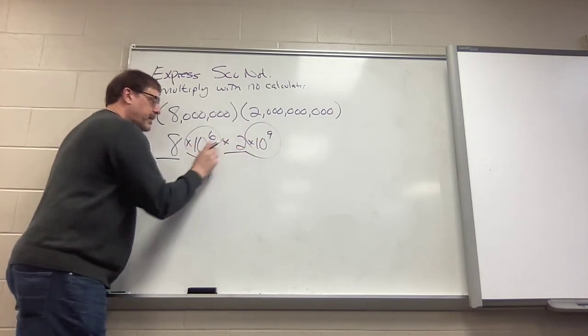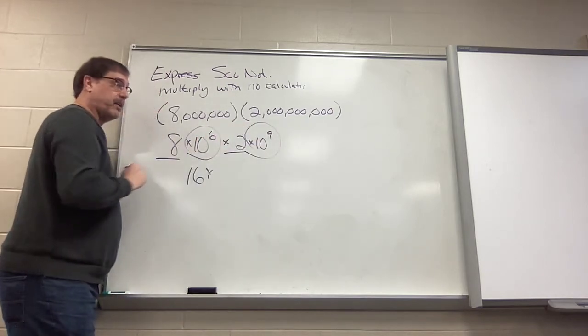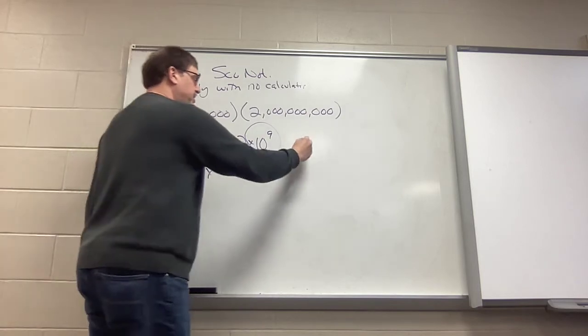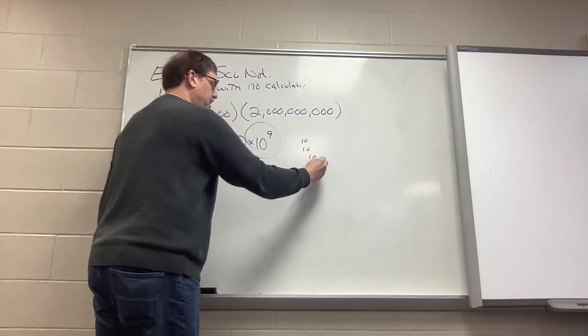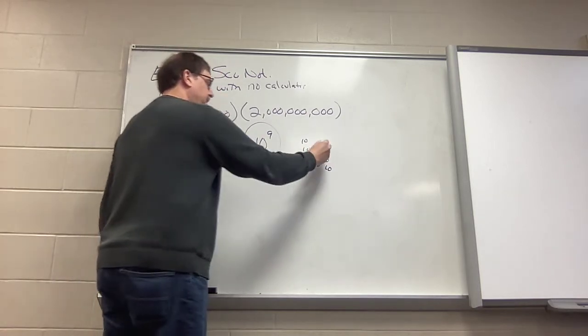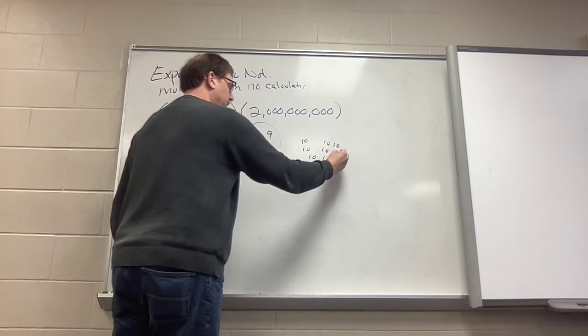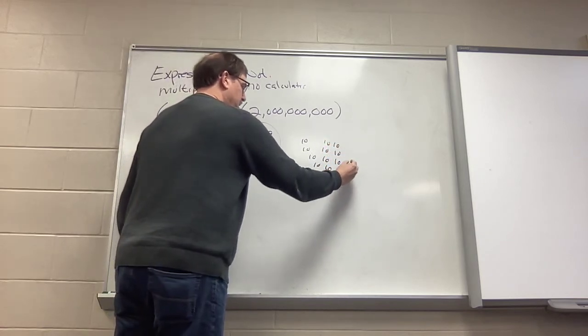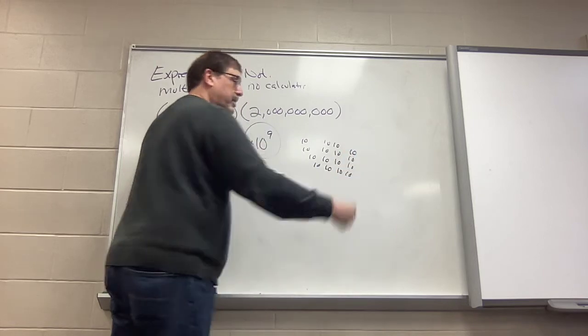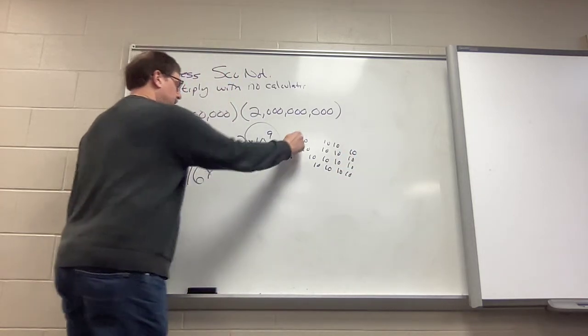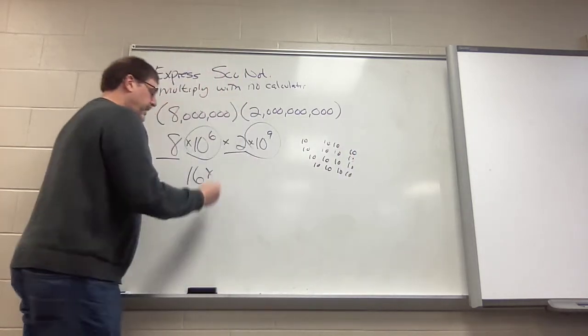When you're multiplying the common base, you end up adding the exponents. Why is that again? Because 10 to the 6th is 10, 10, 10, 10, 10, 10. 10 to the 9th is 10, 10, 10, 10, 10, 10, 10, 10, 10. You can check on the video if I counted right. And there should be 15 if I did that right.